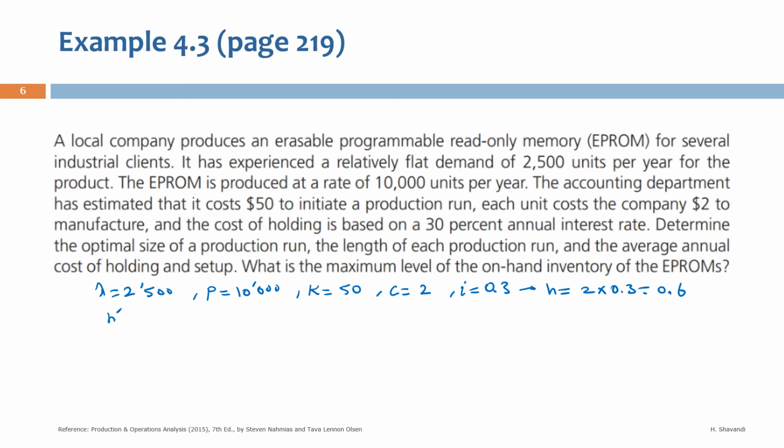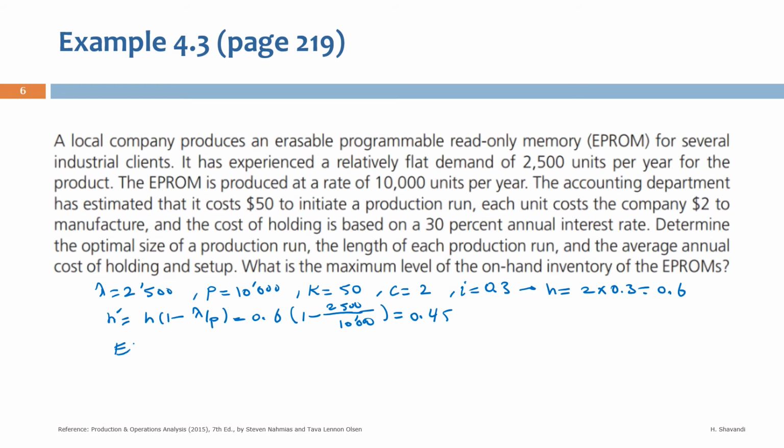H prime will be h times 1 minus lambda over P. So it will be 0.6 times 1 minus 2,500 divided by 10,000. So it will be 0.45. Okay, so by having this data, we can calculate the EPQ here.